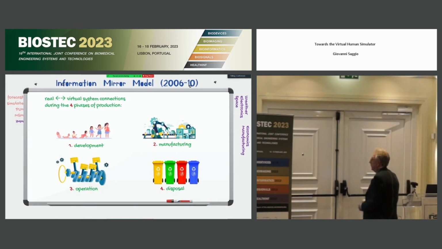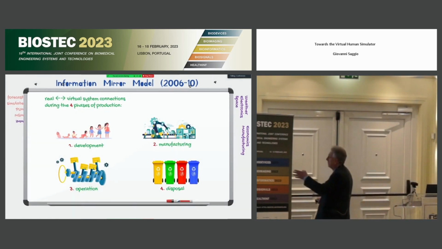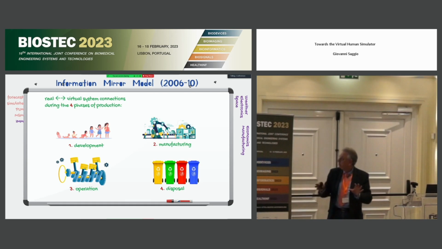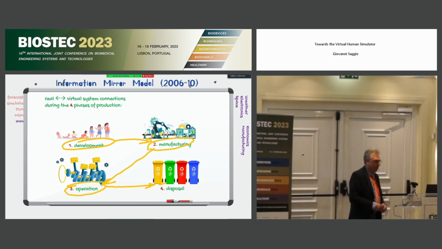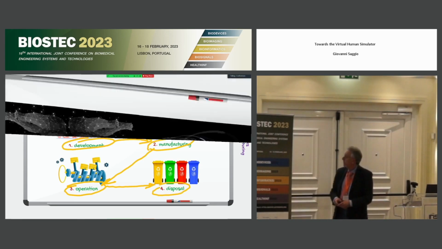After this, came the information mirror model, in 2006, 2010, and you see that the real and the virtual system are connected during 4 main steps: the step of development, of manufacturing, of operation, and of disposal, till the real end of the product. Okay, this was his vision.